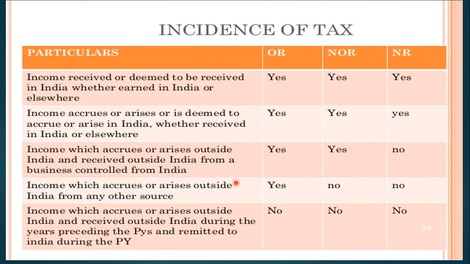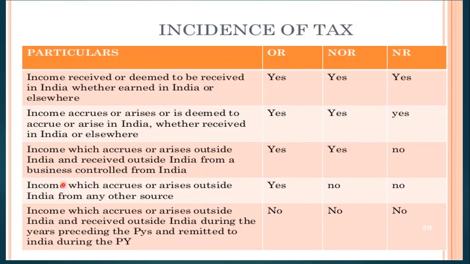Then any income which you earned or received before the previous year and remitted to India in the previous year is tax free for all. Other than these four things, first, second, third, and fifth, whichever income is remaining comes into number four.